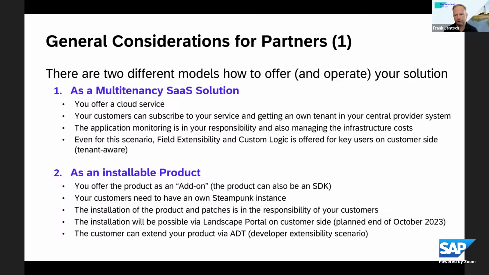And the partner needs to take care of the sizing and the infrastructure costs of the provider system, because the different tenants are sharing the same provider system. We from the product side are providing respective tools, but the responsibility is on the partner side.